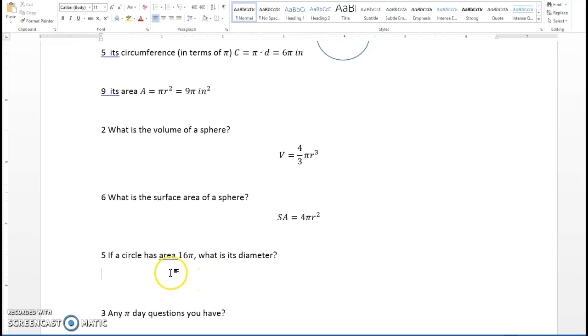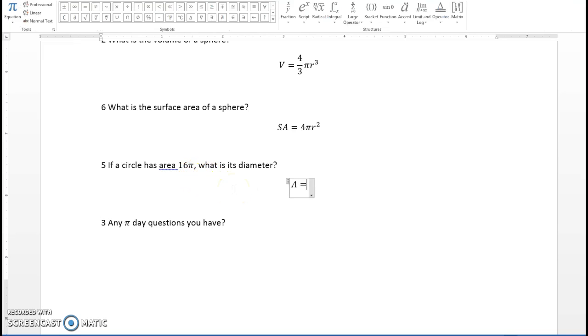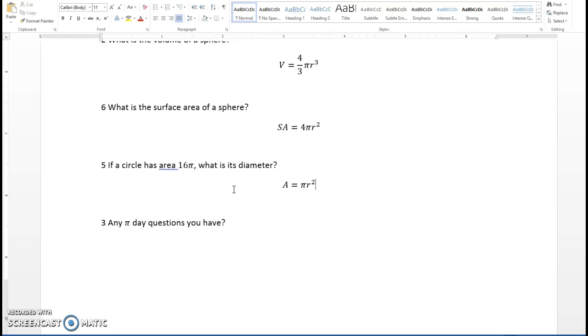Now, this last problem, we have, if a circle has area 16 pi, what's its diameter? Well, we know that area equals pi times the radius squared, right? We're looking for the diameter.